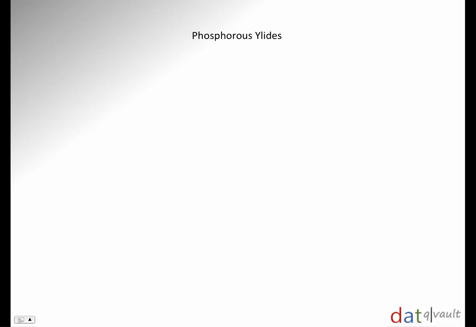The first thing that we're going to look at in the Wittig reaction is actually the phosphorus ylide, which is really the key molecule in the Wittig reaction. So how do we form these phosphorus ylides and why do they look the way they do? The first thing that we're going to do to form our phosphorus ylide is to simply combine triphenylphosphine, which has a lone pair of electrons on the phosphorus, and react it with some sort of alkyl bromide.